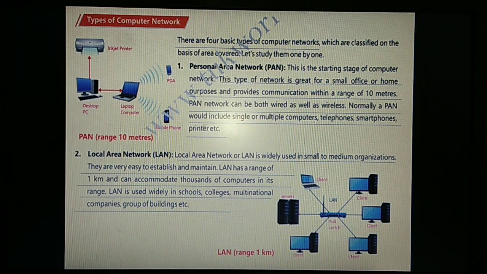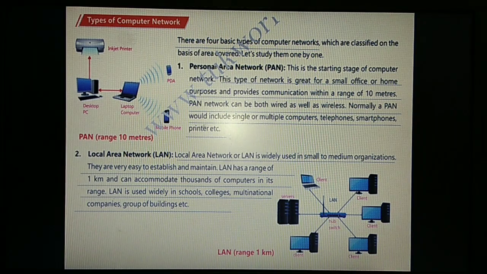They are very easy to establish and maintain. LAN has a range of 1 kilometer. So within 1 kilometer you can use a local area network, and it can accommodate thousands of computers in its range.